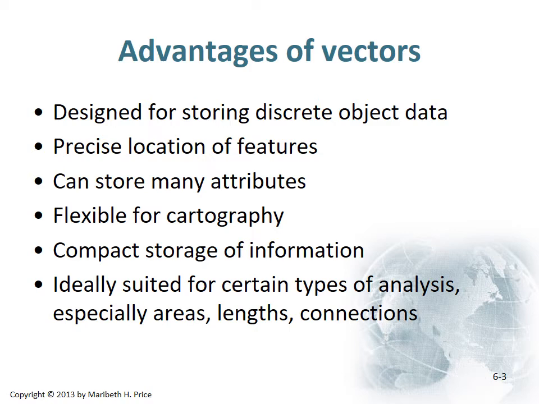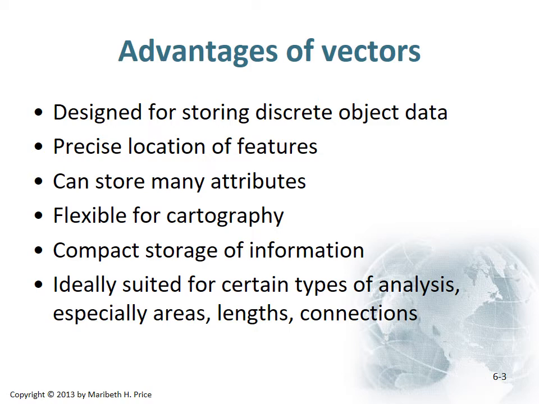Vector data is, as should be kind of obvious, very flexible and useful for cartographic representations of areas. If you think back of all the maps you've ever used in your life so far. In terms of storage, vector data tends to occupy less storage physically on a hard drive or another storage medium.